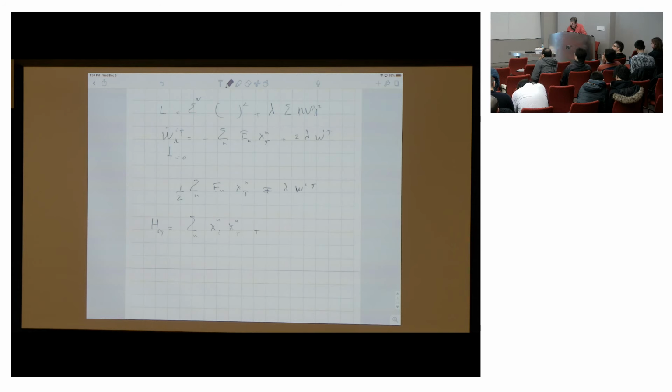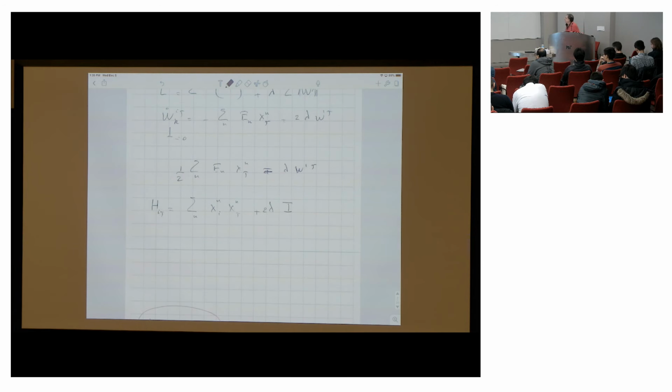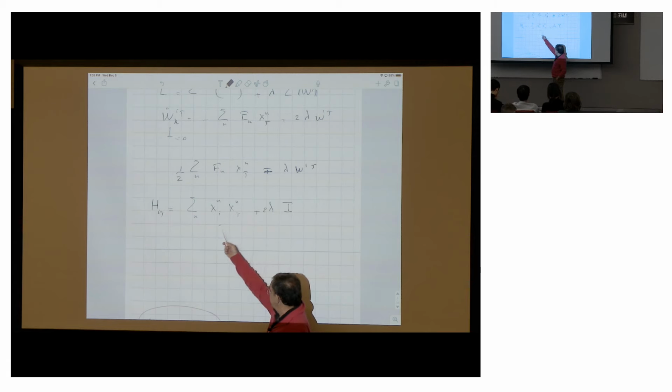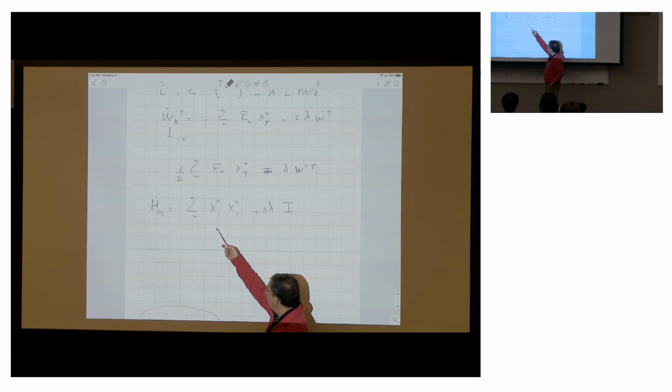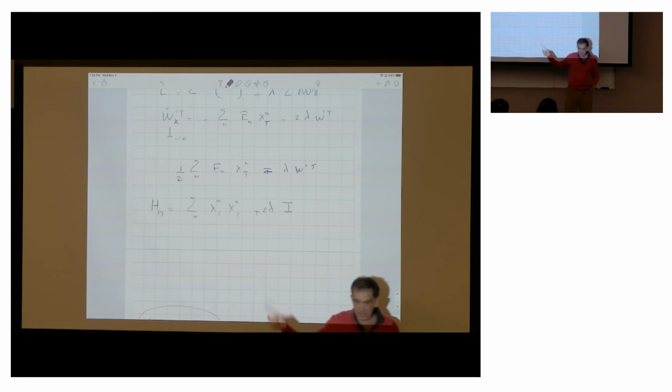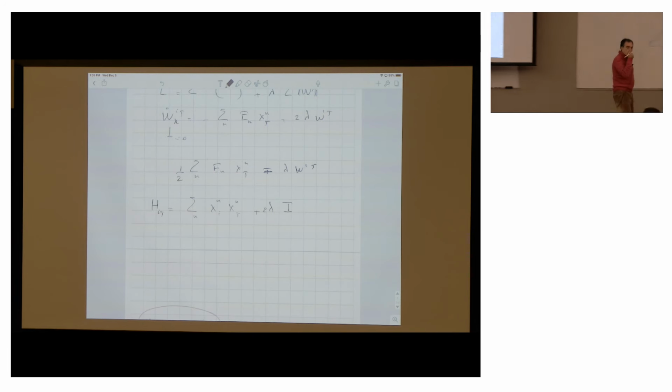And now I have 2 lambda, the second derivative, the diagonal element, delta ij. And now this is semi-positive definite, so it has positive eigenvalues but also 0 eigenvalues. But together with this term it is now positive definite for any lambda, as small as you want.